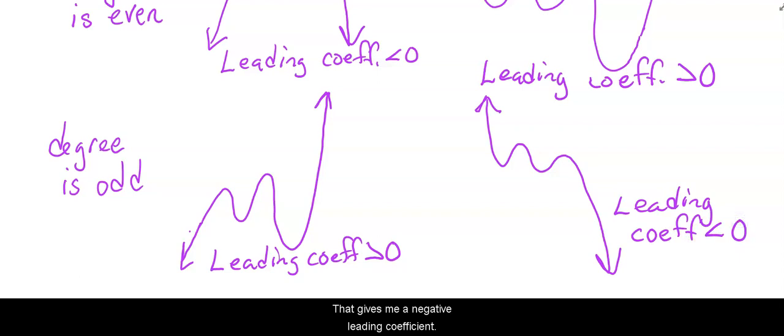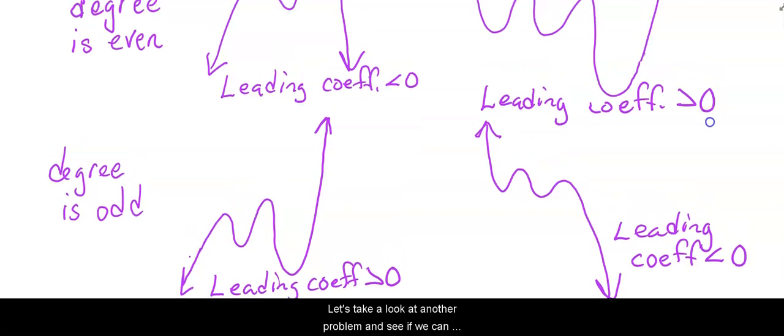That gives me a negative leading coefficient. This is what causes polynomial graphs to generally go uphill or generally downhill. Their degree is odd, meaning one arm up, one arm down, and generally uphill is a positive leading coefficient, generally downhill is a negative leading coefficient.